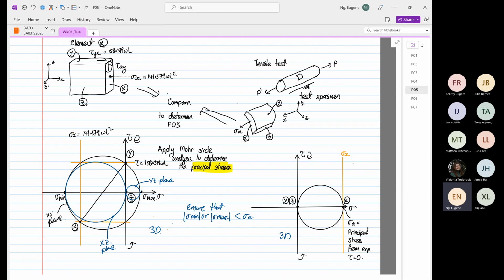So what you realize about stress mean, stress max, stress A, all these points have what? Shear stress is equal to what? 0.